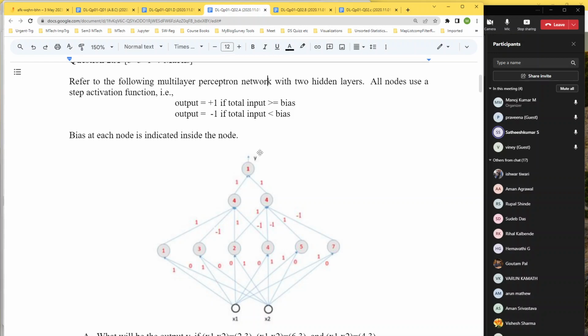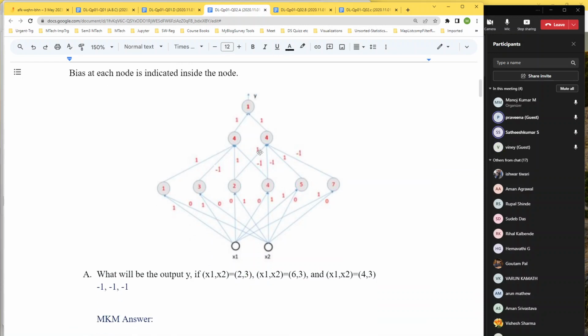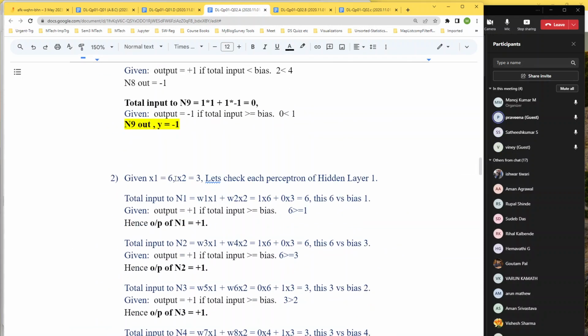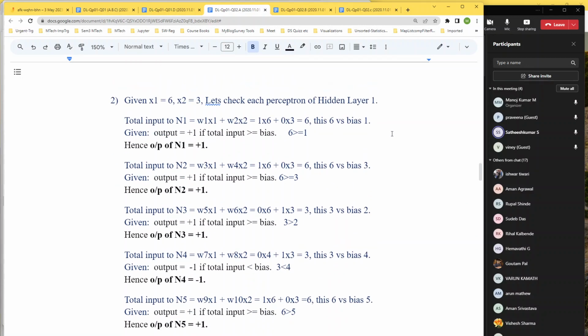Nice. One thing: I didn't see any bias 6. Let me check. In the diagram there is no bias 6, right?